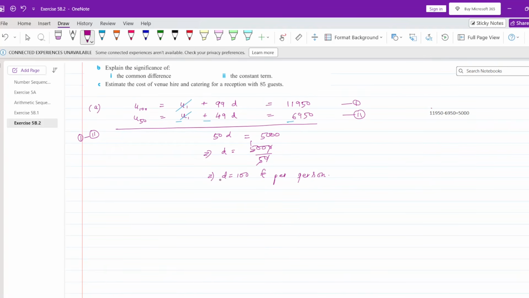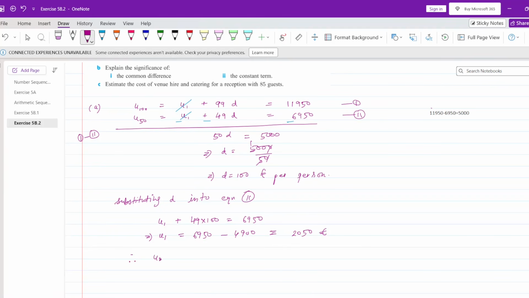Now substituting d into equation 2, we get u1 plus 49d equals 6950. So u1 is going to be 6950 minus 4900 and that equals 2050 euros.